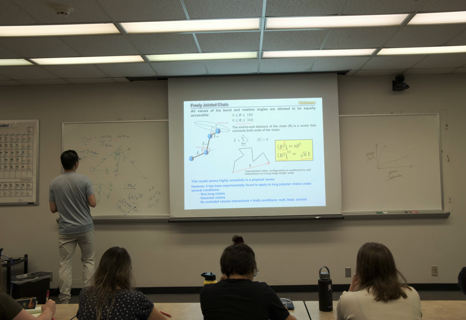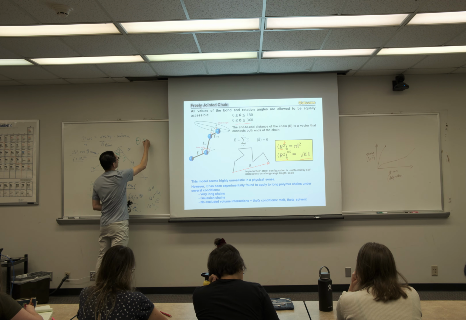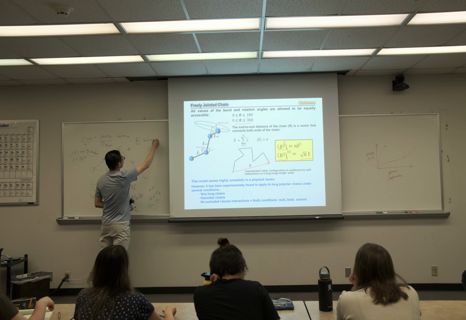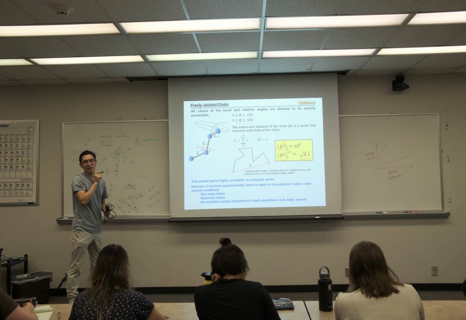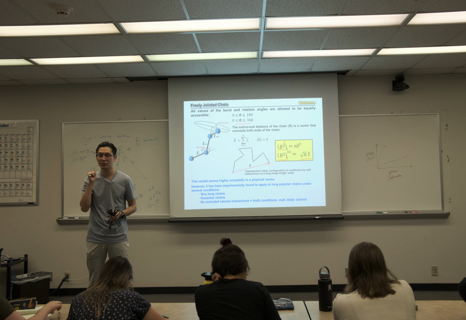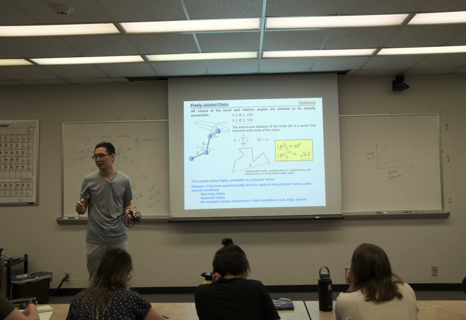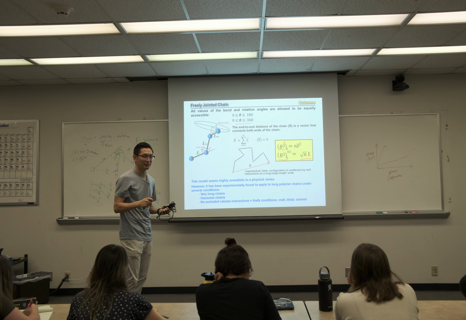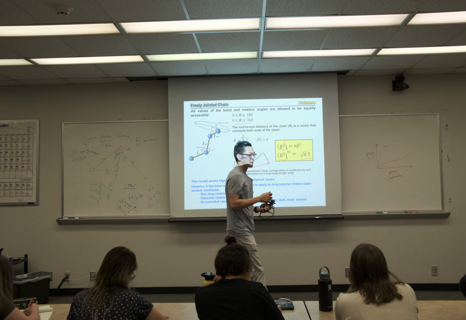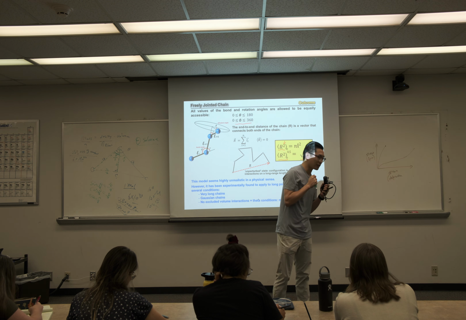I don't know why the name is so strange, it's just called theta solvent. At this solvent condition, your polymer will again behave like a freely jointed chain. Okay, so what the heck is this theta solvent? What's so special about this solvent, right? So this solvent is not a good solvent.